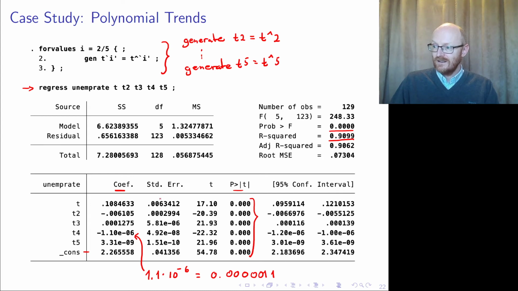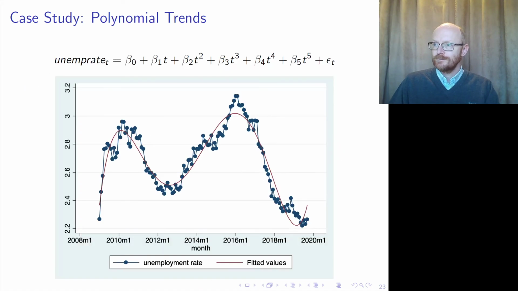And you see that because you have this really large t-value, which comes about because the standard error of this estimate is even smaller than this coefficient value.